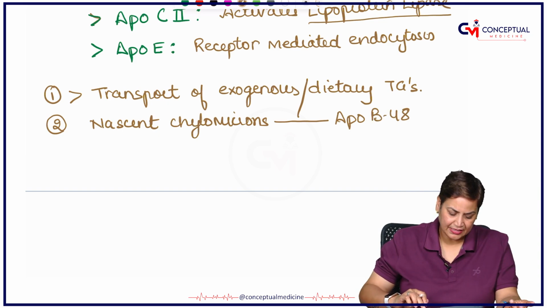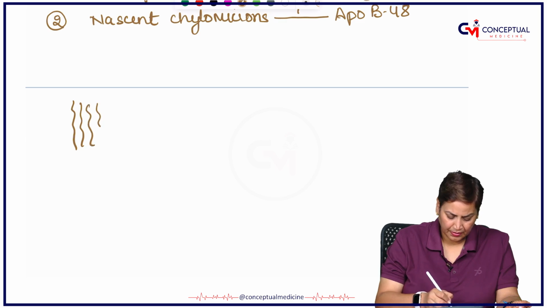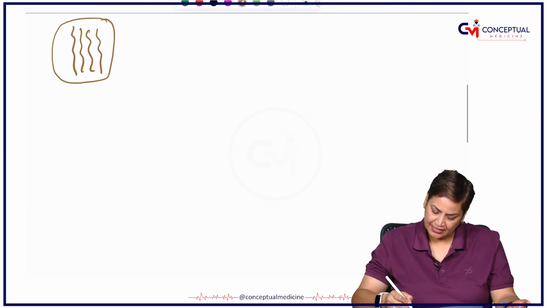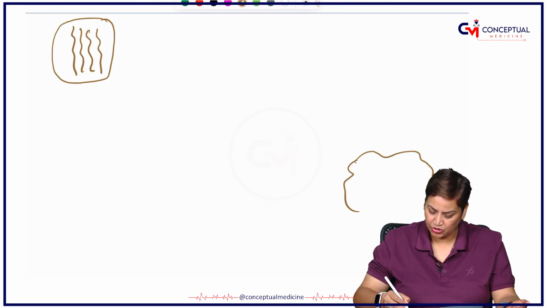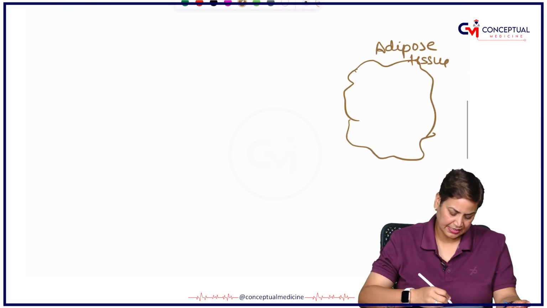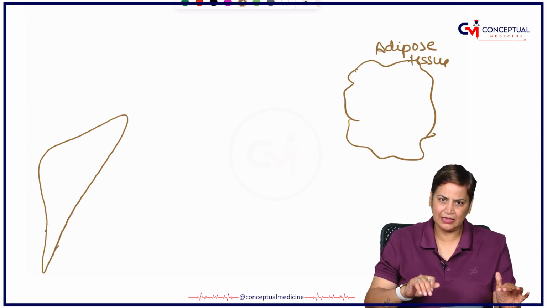So if I say this is the intestines, and this is the adipose tissue, and this is the liver, because it will be between these three.